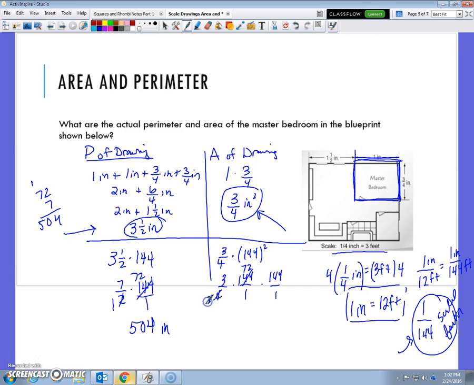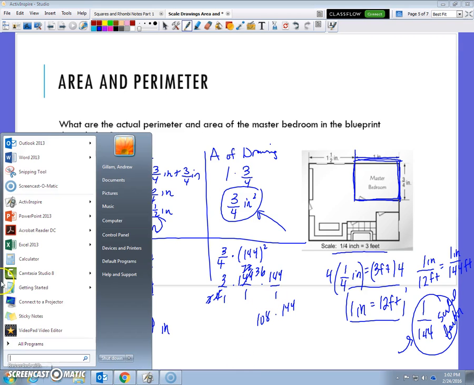72, 36. So I'm going to take 3 times 36, which is 108, times 144. Oh my goodness, that would be a big problem to do. You know, we might have to actually adapt some calculator usage today. So let's go ahead and look at our calculator and see what that gives us.